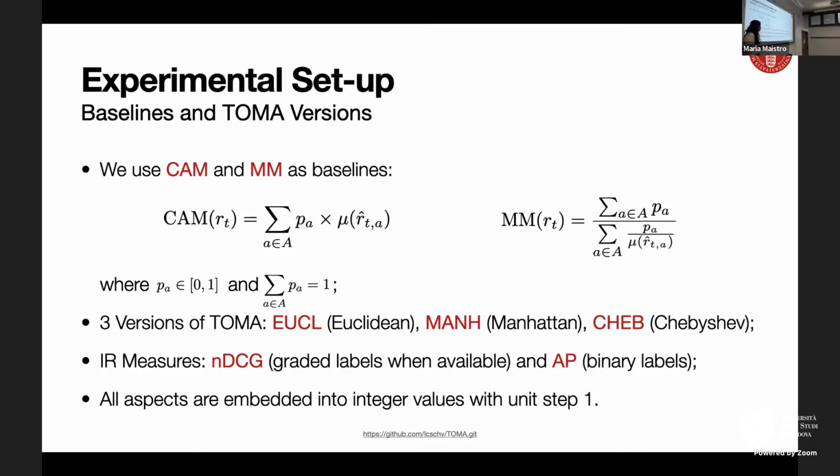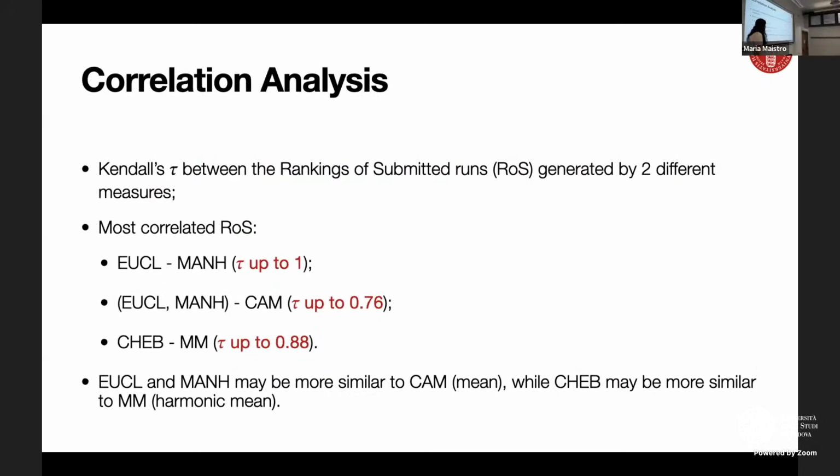We had all three different functions, ingredient and intention. And as IR measures, we consider NDCG, which is graded, and average precision, which is binary. And we had embeddings with one for each aspect.